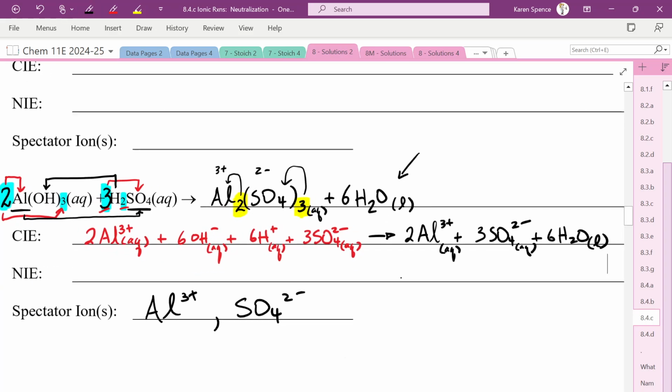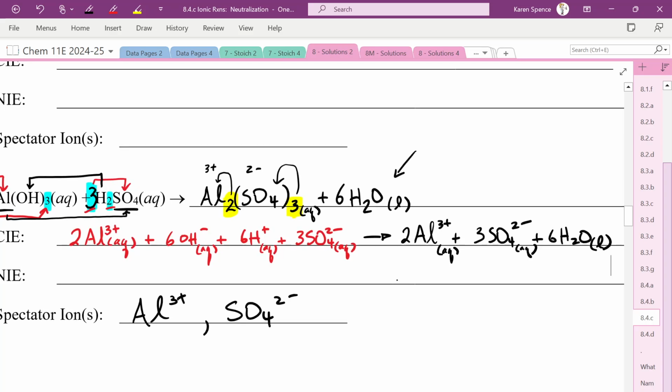And then finally, we need to write our overall reaction. Who's left? OH and H. So I have 6H plus aqueous plus 6OH minus aqueous gives 6H2O liquid.